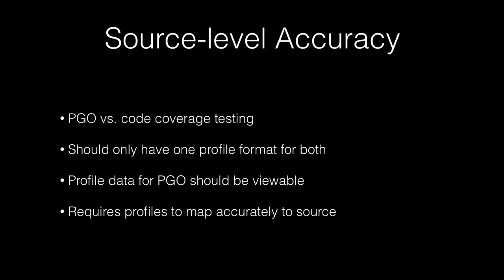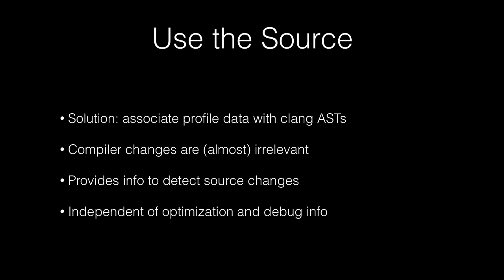How can we come up with a solution to these problems? And the idea is to use the source. If the instrumentation and the execution counts are tied to particular constructs at the source level, then that solves our problems. The Clang ASTs map more or less directly to the source.